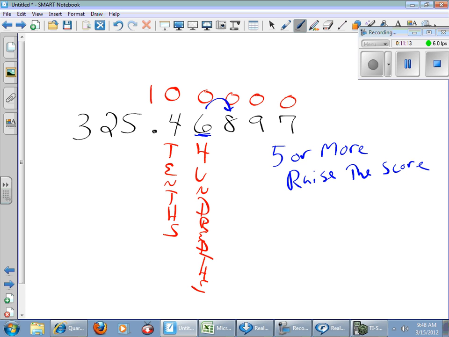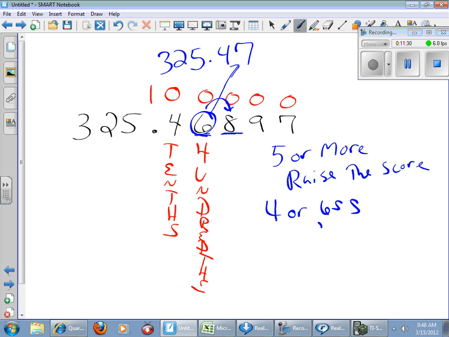So this number rounded to the hundredths would end up being 325 and 47 hundredths. The 6 turns into a 7 because that's more than 5. Okay, if it was a 4 or less, you'd give it a rest, meaning it wouldn't change. Give it a rest. Sorry about that.